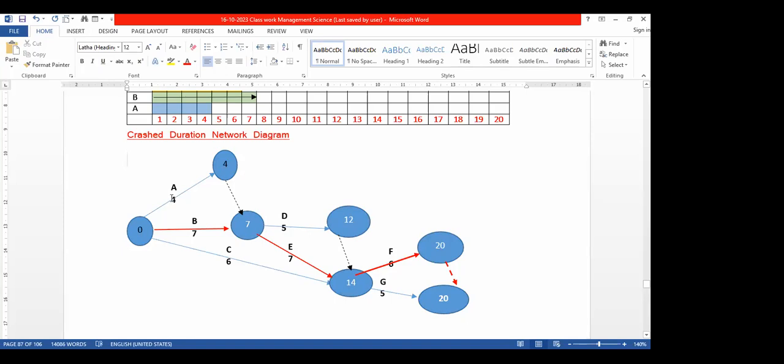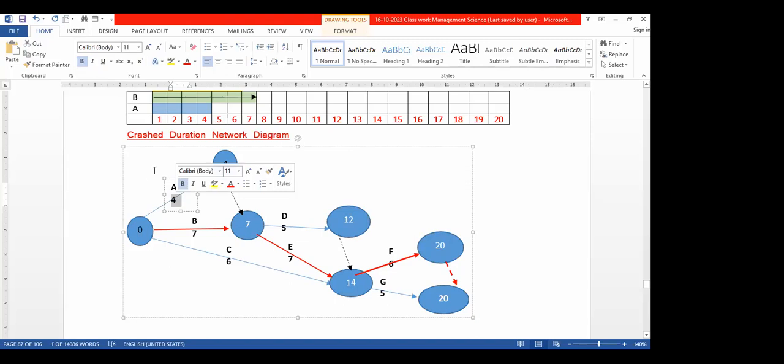Now I'm changing that. A is how many days? 2. Right? A is 2. B, how many days? 4. C5, check that, then correct.